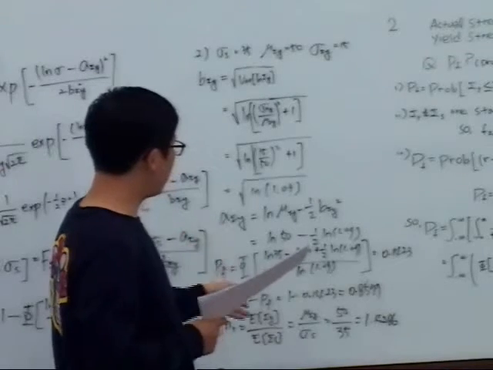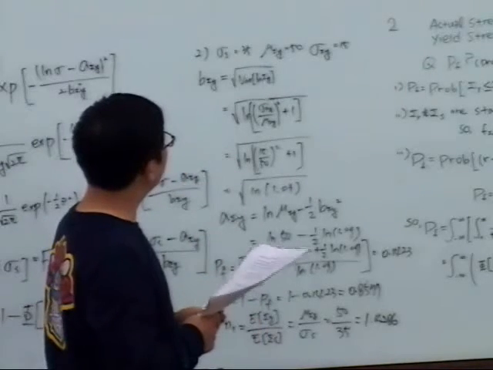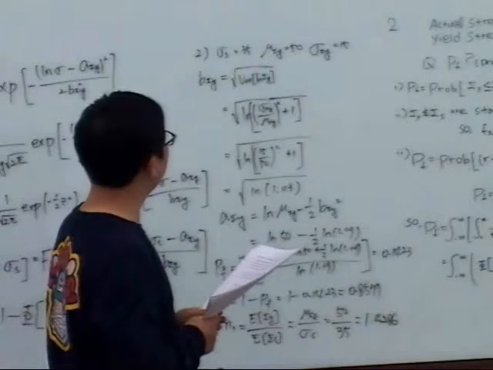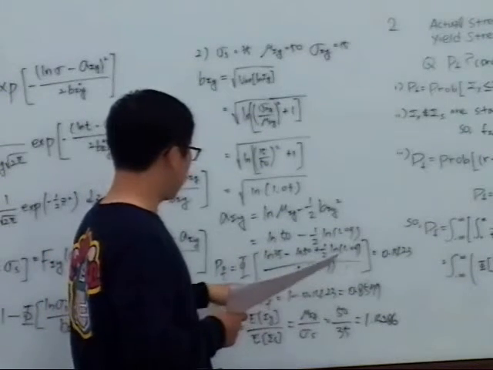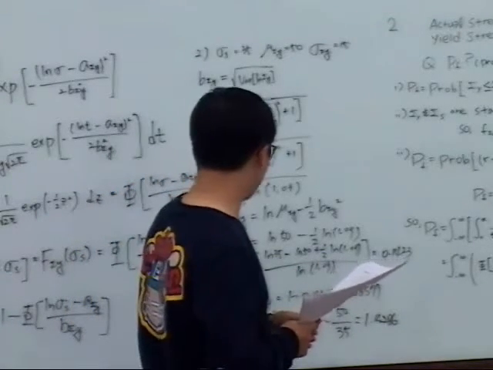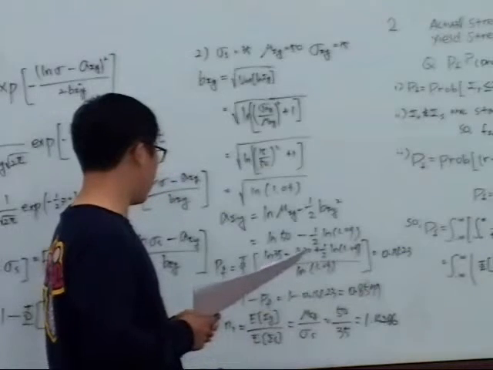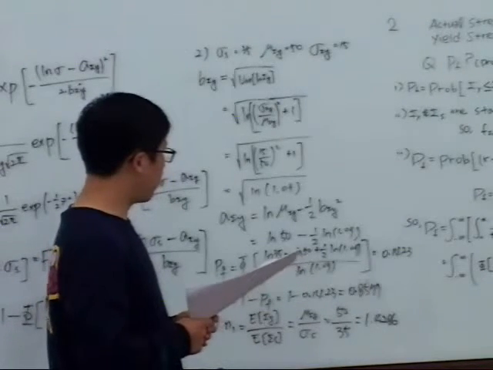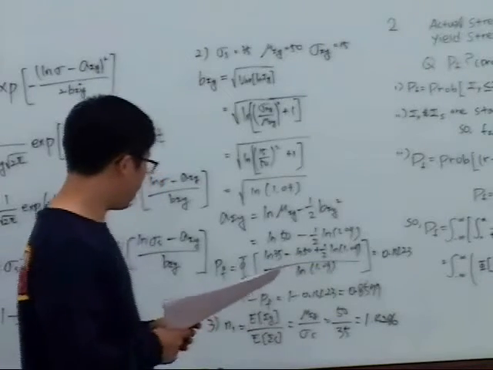Solving the inputs, PF is 0.1423 and reliability equals 0.8577.